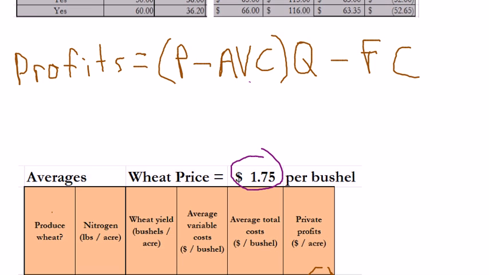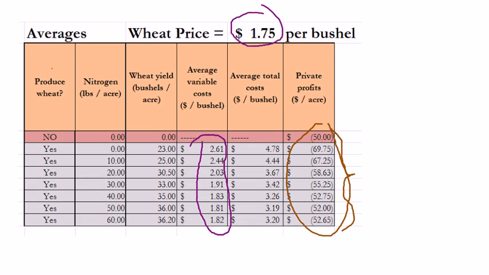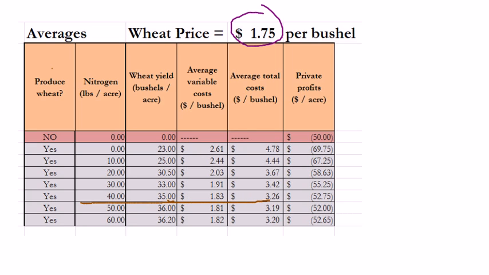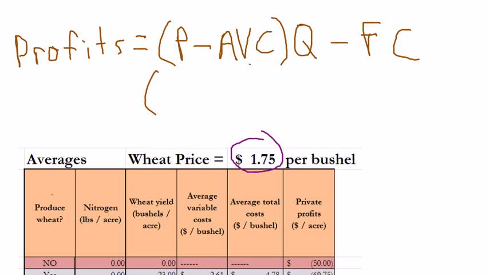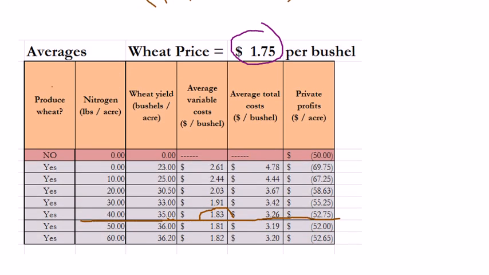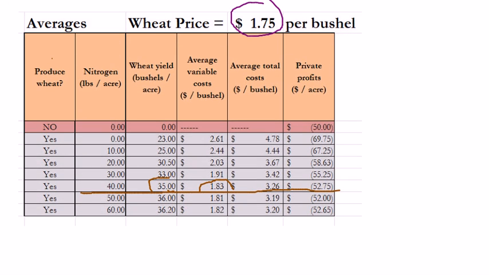Let's assume that we're going to produce 35 bushels of wheat per acre. Well, our average variable cost is $1.83. So I'm going to come up here. Price is $1.75 minus $1.83 average variable cost. We're producing 35 bushels per acre here.